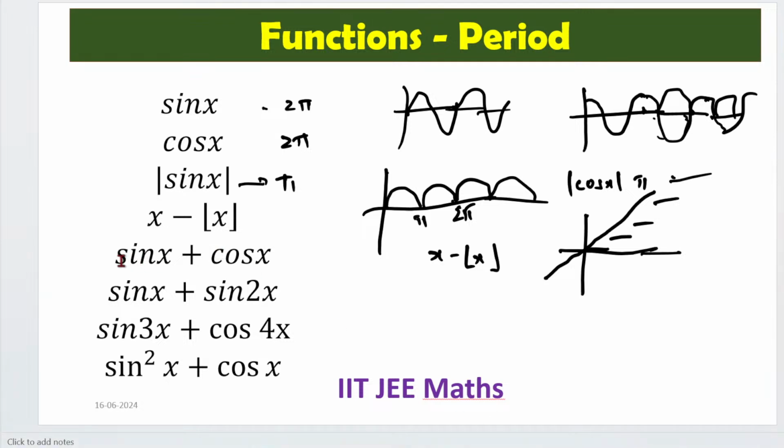So obviously the sum should repeat itself after every 2 pi units, because both are repeating. This one is making one circle in 2 pi units, and this one is also making one circle in 2 pi units. Obviously, these are running parallel to each other.